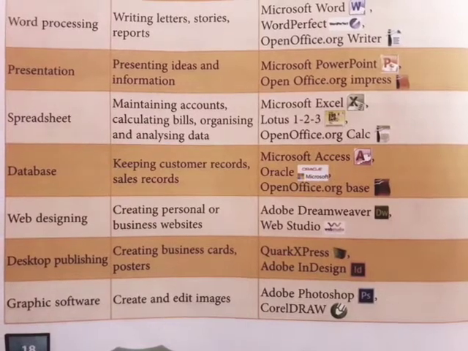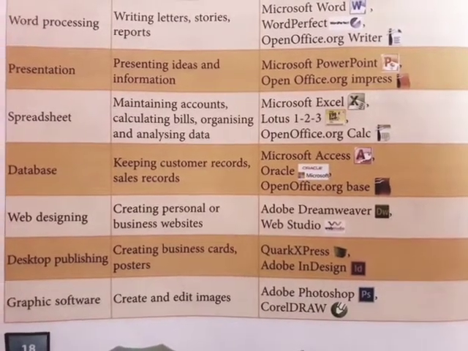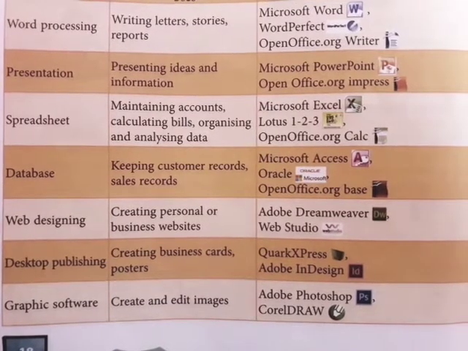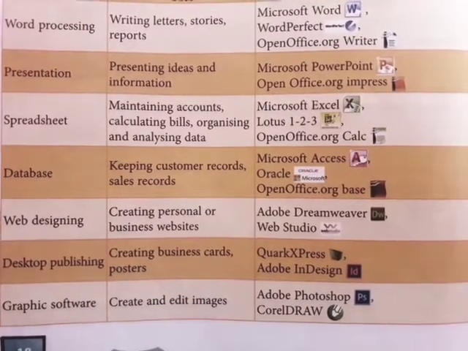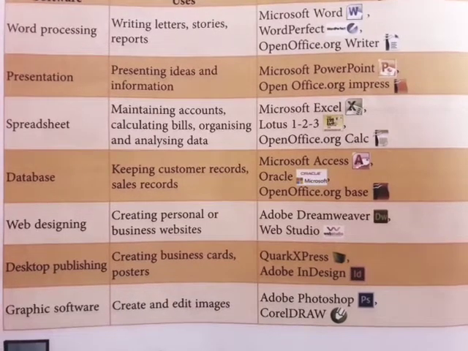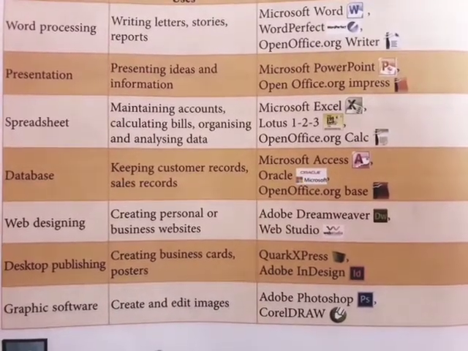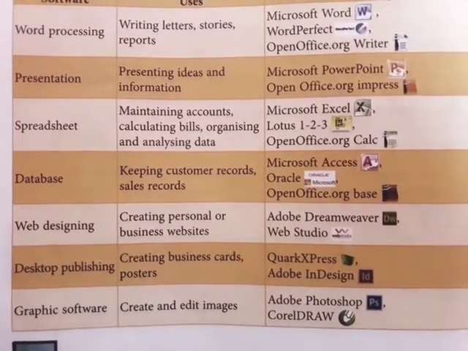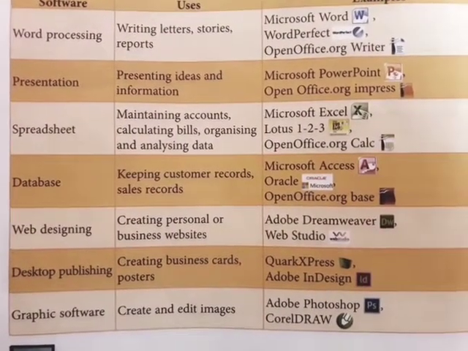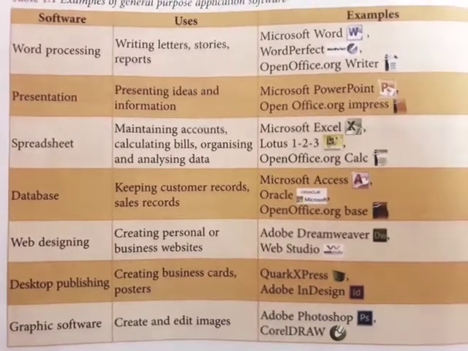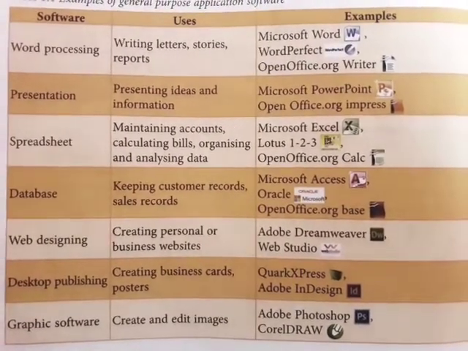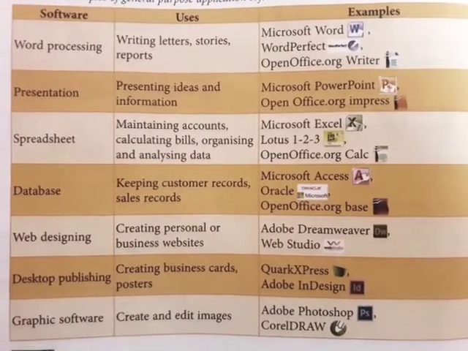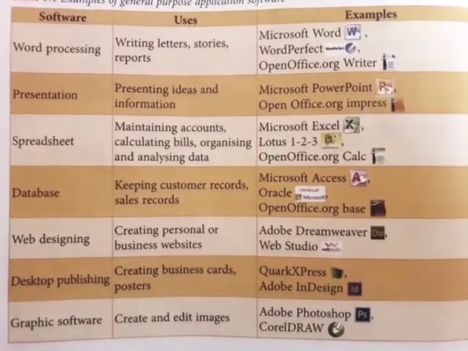Web designing: Adobe Dreamweaver and Web Studio. Desktop publishing: Quark Express and Adobe InDesign. Graphic software: Adobe Photoshop, which is very famous, and CorelDRAW is also very famous graphic software. You can do photo editing in that. So these are some general purpose application software. These are used by a large number of people to do common tasks, not specific tasks.